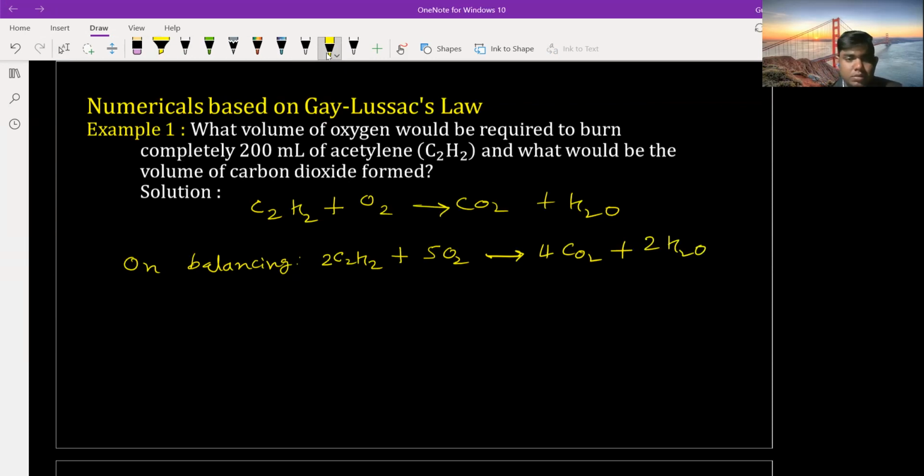Okay, so here we can say that 2 volumes of C2H2 plus 5 volumes of O2 gives 4 volumes of CO2 and 2 volumes of H2O. So according to the above equation, 2 volumes of acetylene require 5 volumes of oxygen for complete combustion to produce 4 volumes of carbon dioxide.